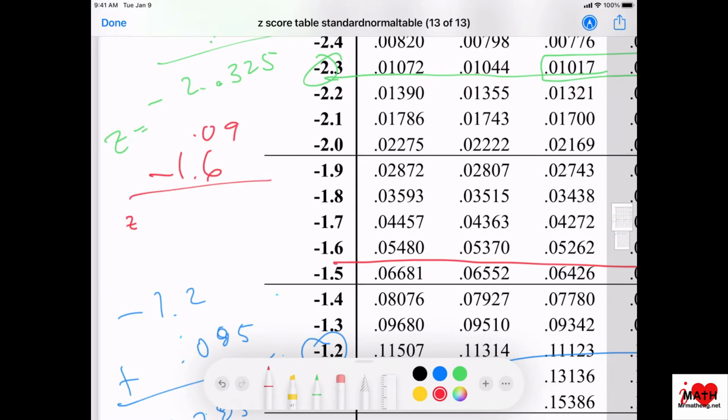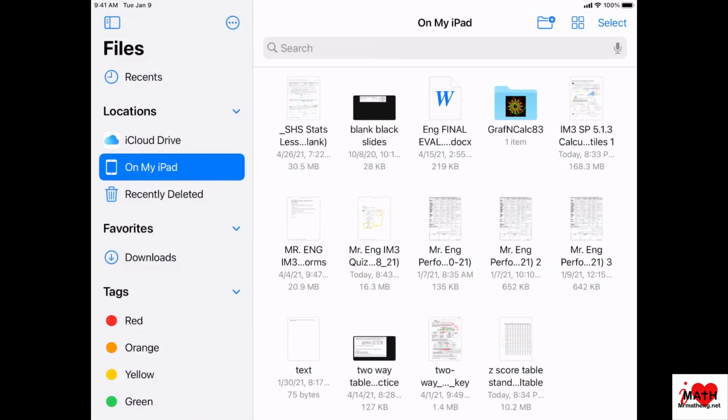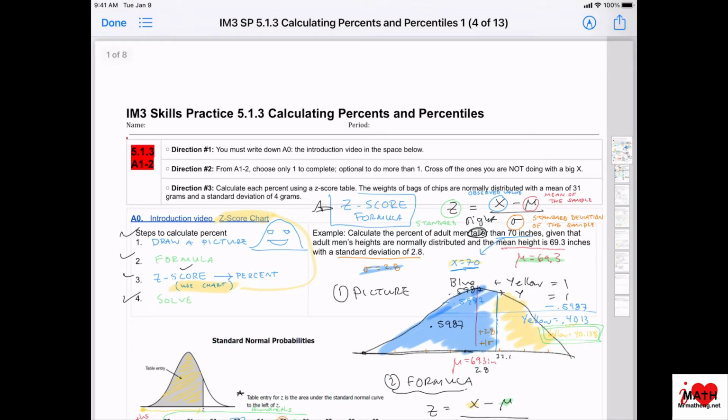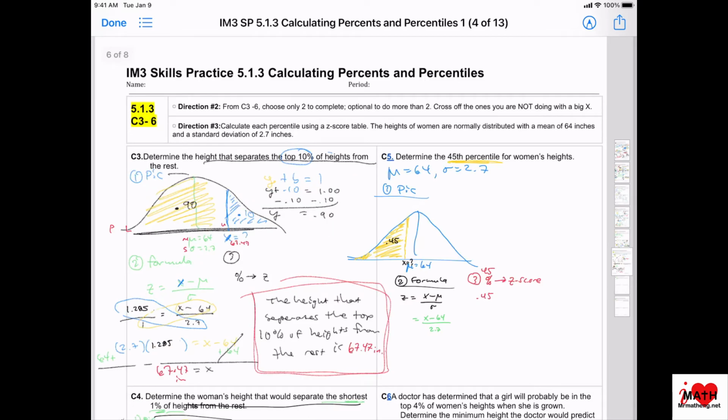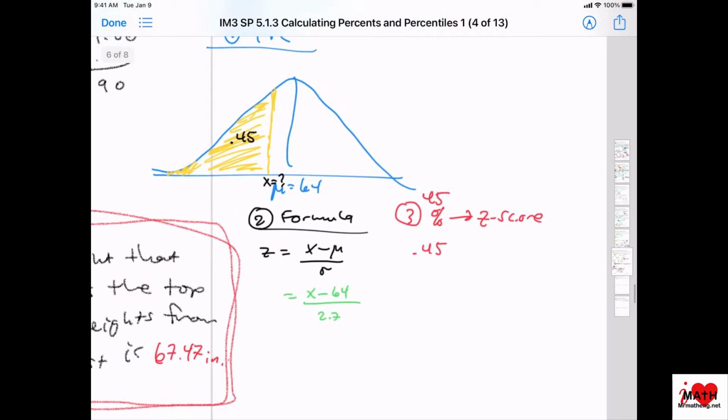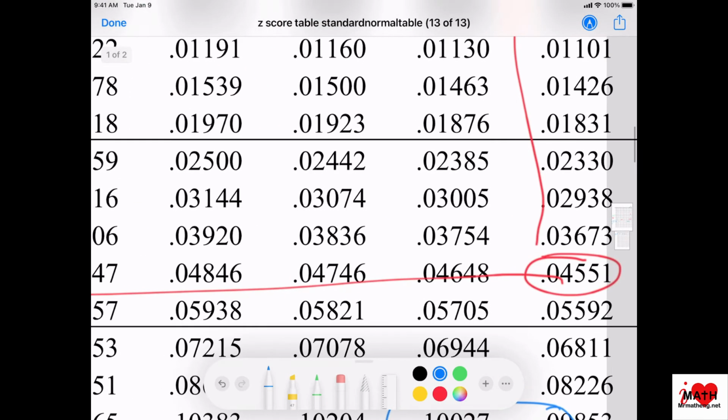So that means a z-score of negative 1.69 is basically equal to 45%, or 0.45. So let's use that z-score of a negative 1.69. That's 4%, not 45%.